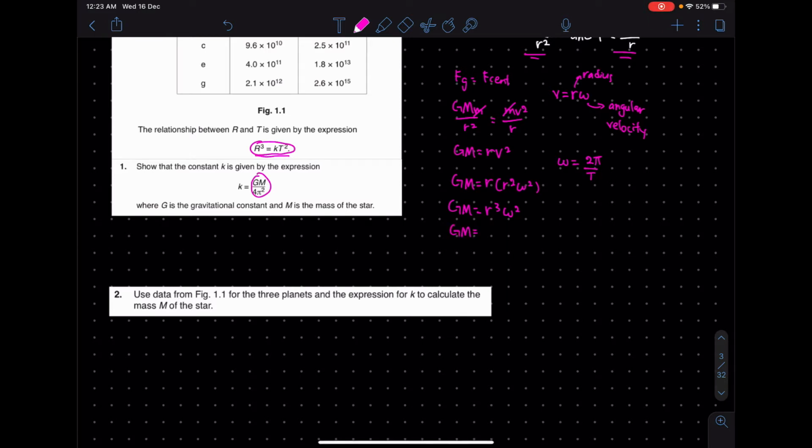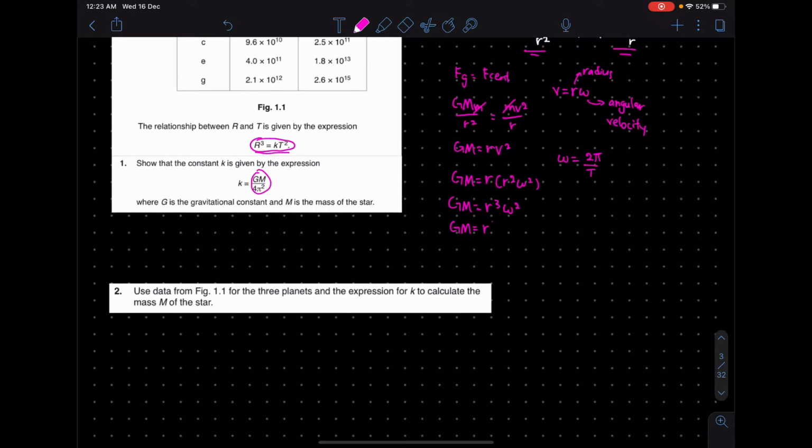For your information, this formula is also from your circular motion chapter, which is the previous chapter. So by doing this, we'll get something like this. We expand this, and we get 4 pi squared over t squared.